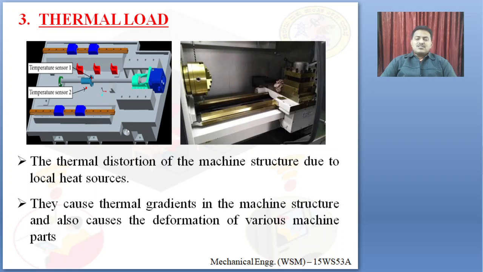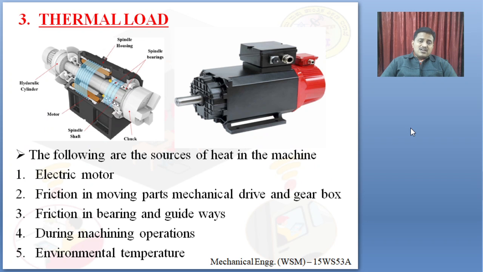Due to expansion, the required accuracy will not be achieved. That is why the heat has to be dissipated in a proper way. So this is very important. The third cause of load on a CNC machine structure is thermal load. You should keep a very good eye on this thermal load while designing.